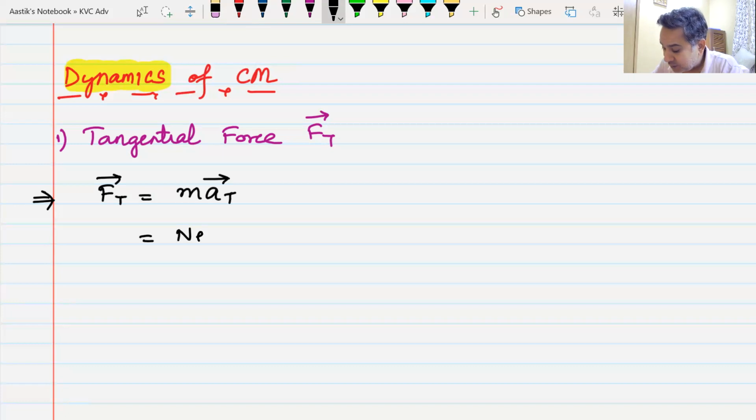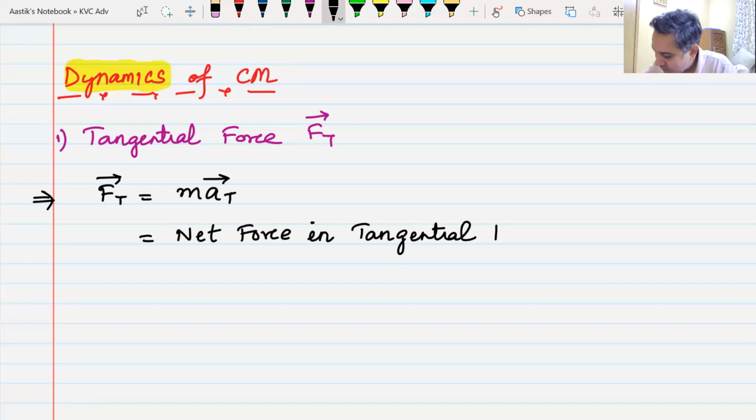So this will be the net force in the tangential direction. To find the tangential force, you just find the net force in the tangential direction. That will be equal to m into At. Do we understand this? Yes, sir.